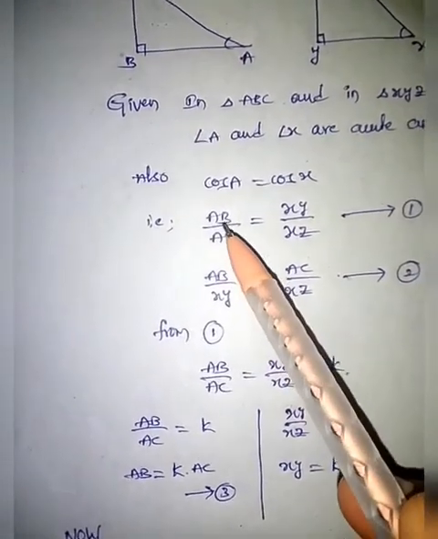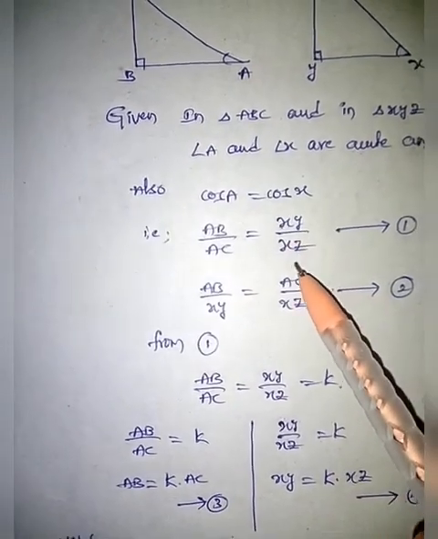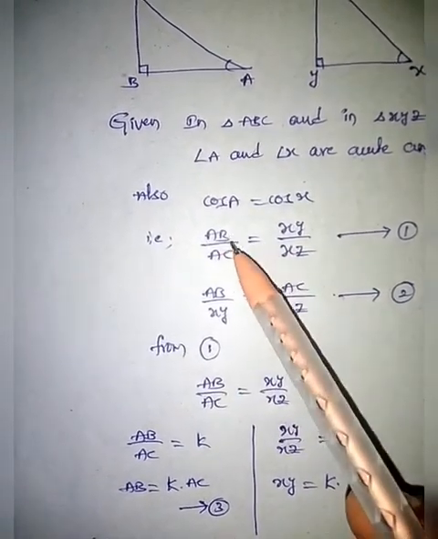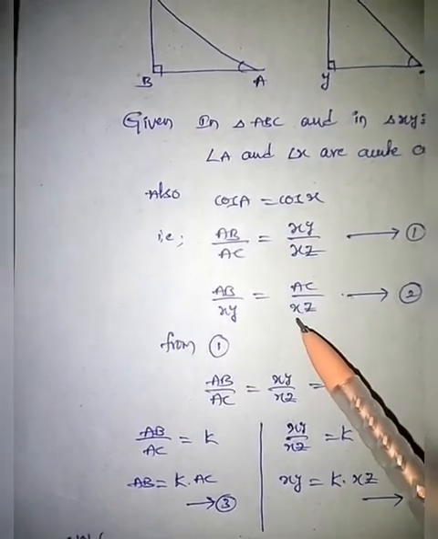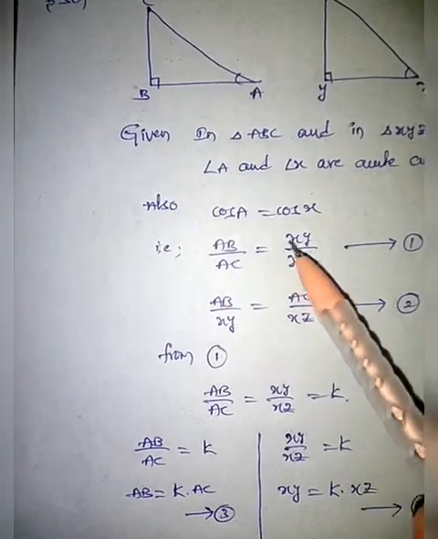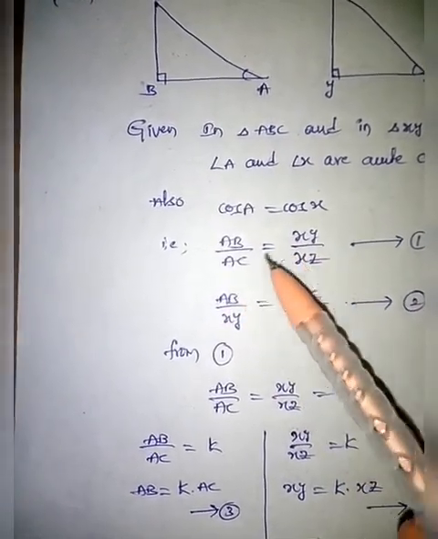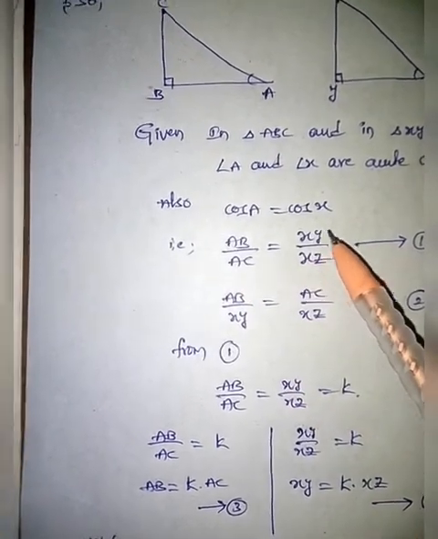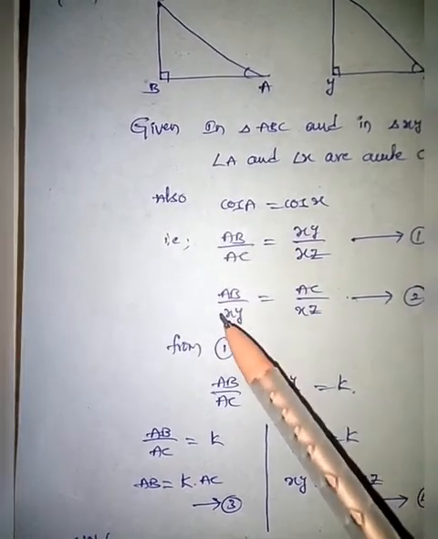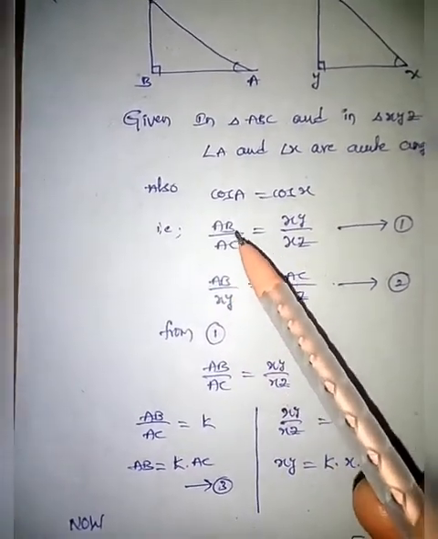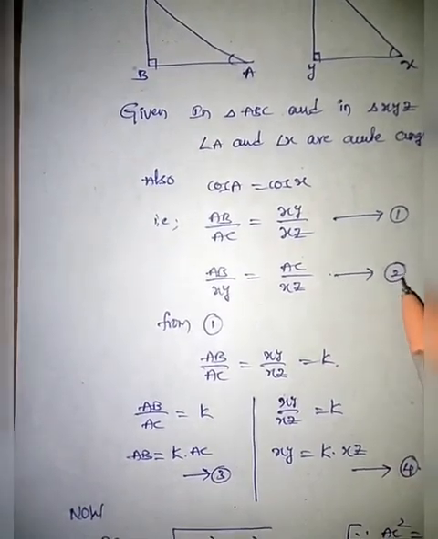So here the first equation is AB by AC equal to XY by XZ, and do the cross multiplication, then AB by XY equal to AC by XZ. There is a small change here, don't get confused. AC becomes the numerator of the RHS fraction and XY is the denominator of the LHS fraction. So AB by XY equal to AC by XZ, and name this equation as equation 2.